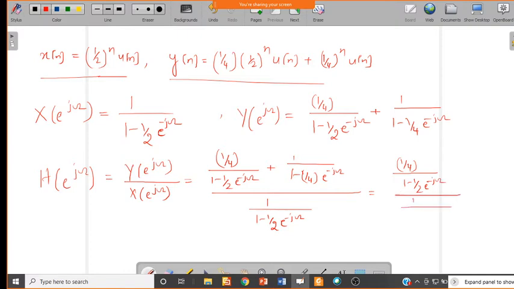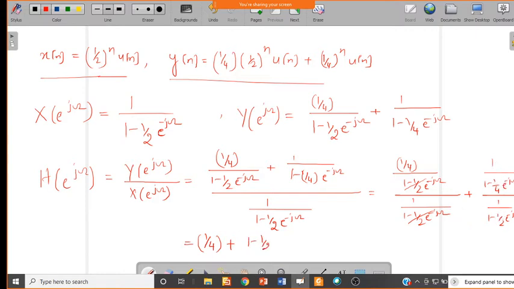This is divided by 1 over 1 minus 1 by 2 e power minus j omega, plus 1 over 1 minus 1 by 4 e power minus j omega divided by 1 over 1 minus 1 by 2 e power minus j omega. Now this will cancel each other. In the first term it is 1 by 4, plus, here this will go to the numerator and this will be in the denominator.